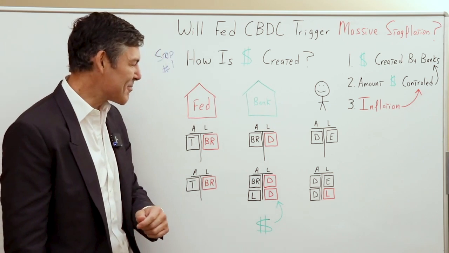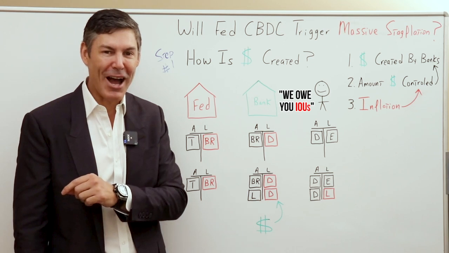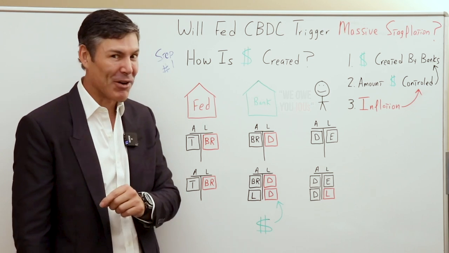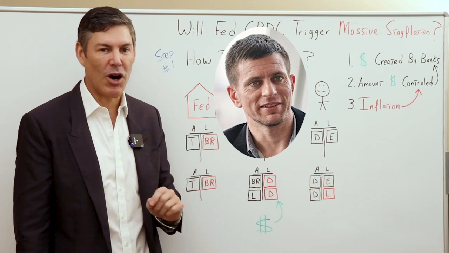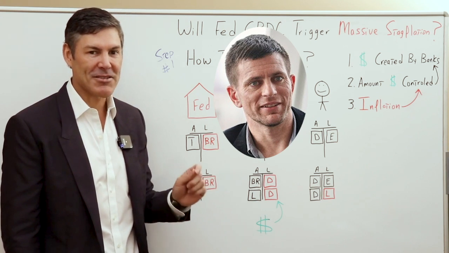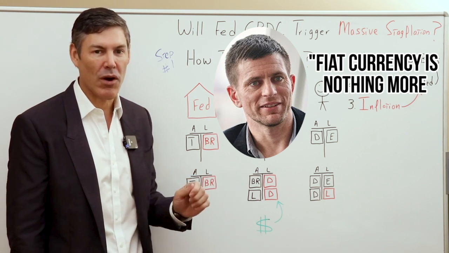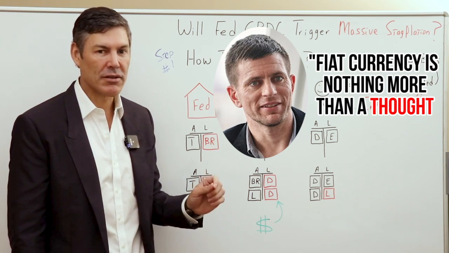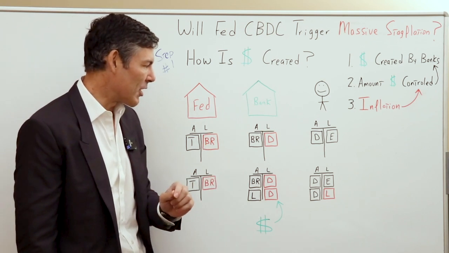So the banking system is saying, average Joe, we owe you IOUs. Gets very confusing, doesn't it? But this illustrates what Chris Cole always says, and he says it so well, that fiat currency is nothing more than a thought abstraction. But we'll save that for a separate video.